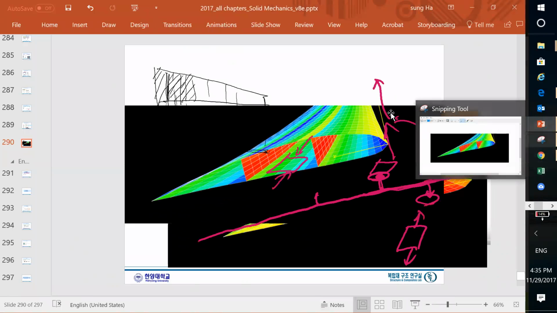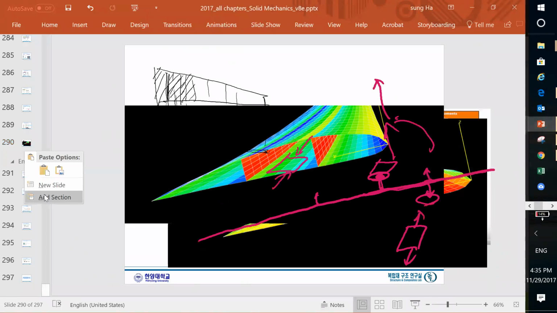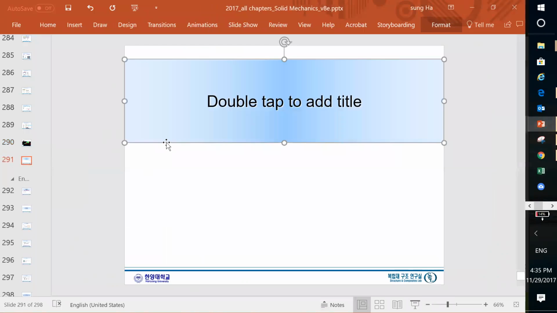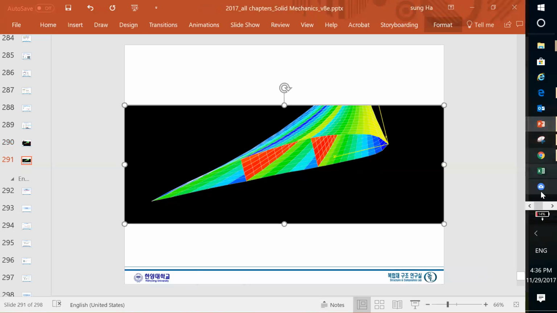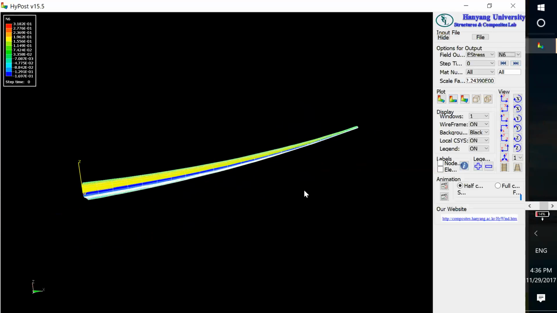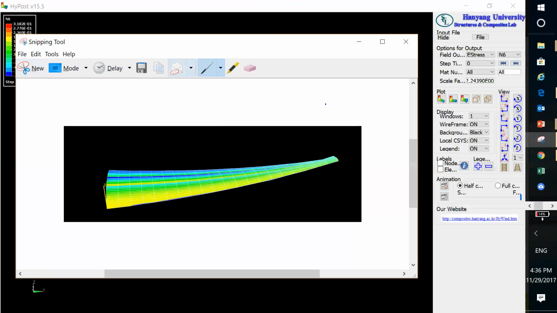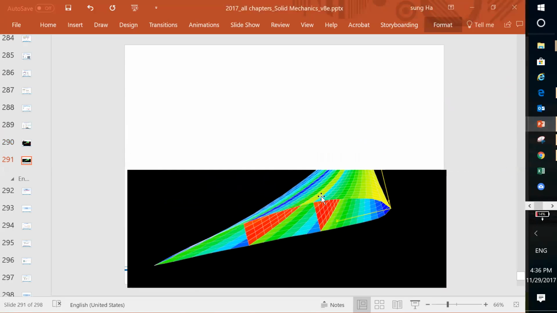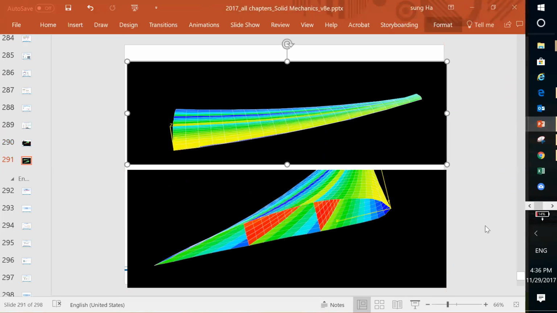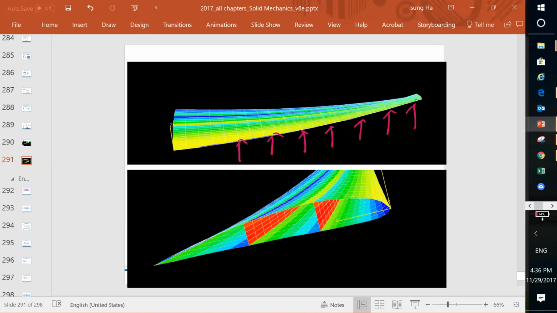And then all the shear force from the pressures comes from here, right?